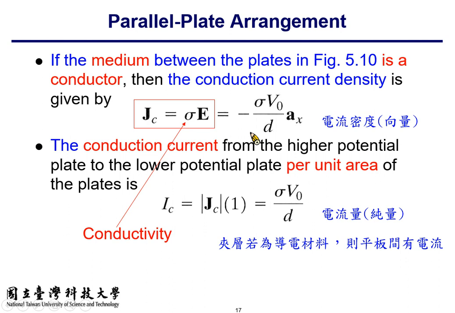So comparing to the equation shown in the slide, I over V equals what? Sigma over D. That's the unit area conductance of this parallel plate structure.